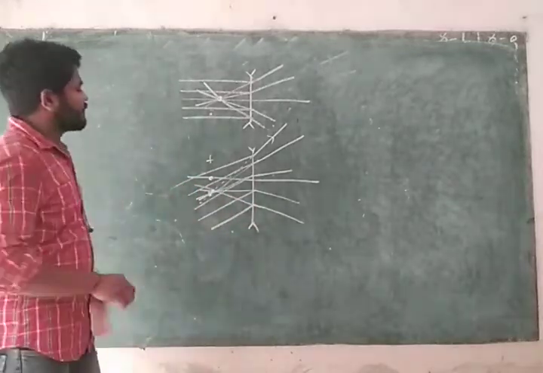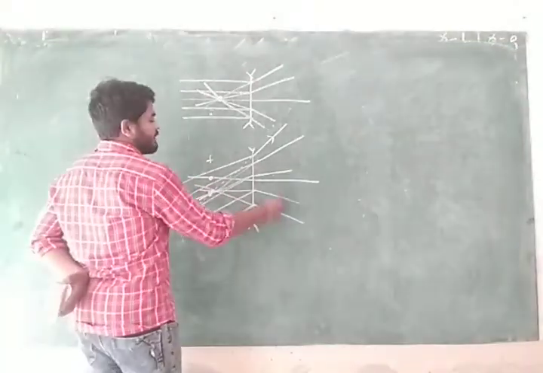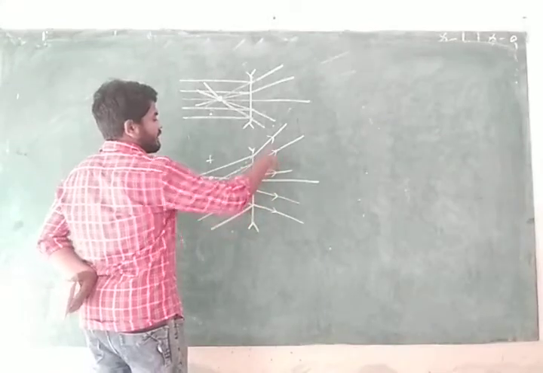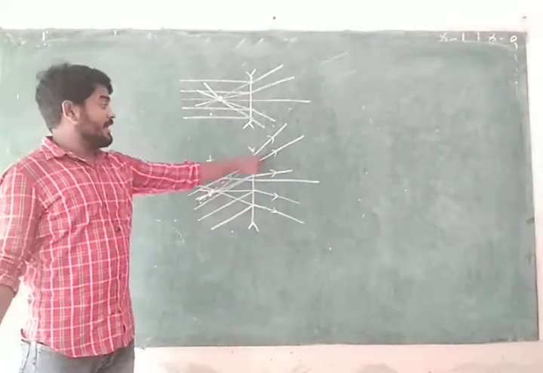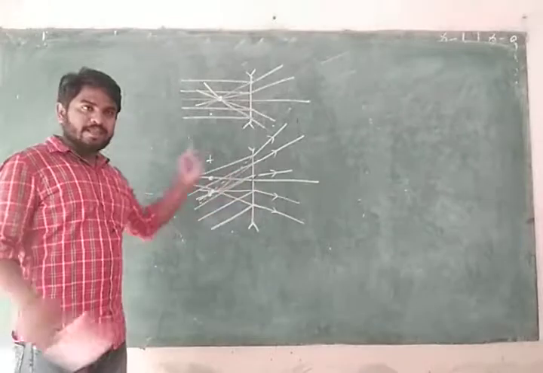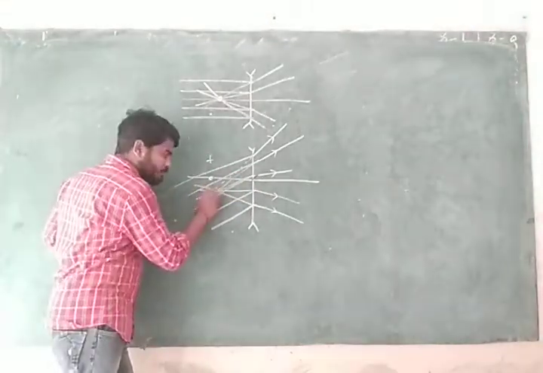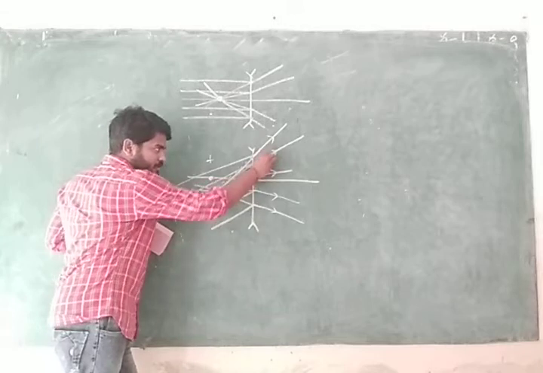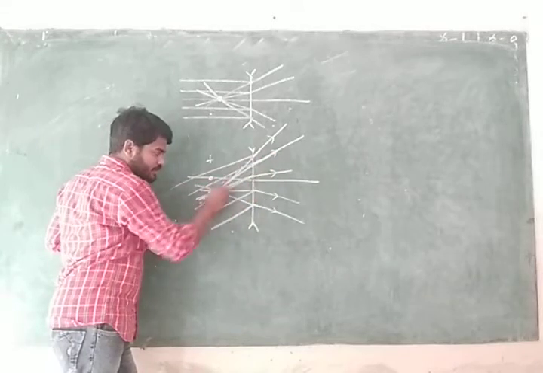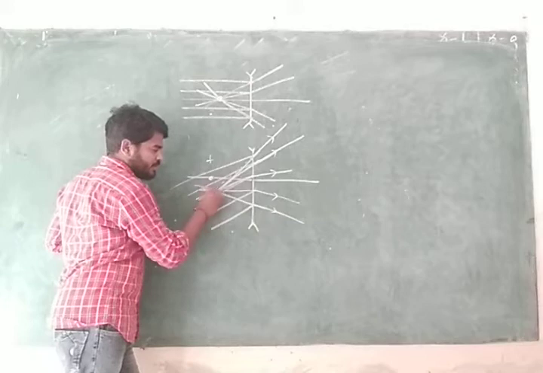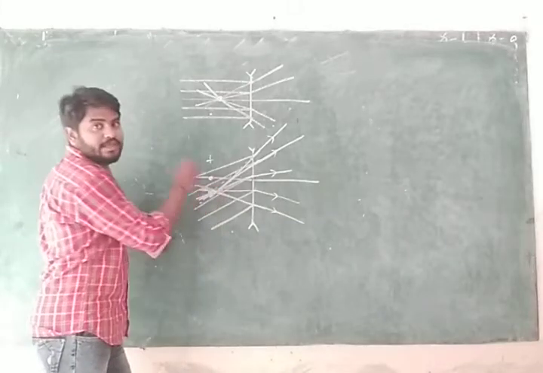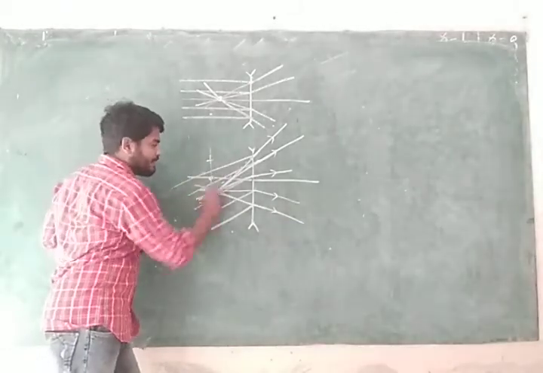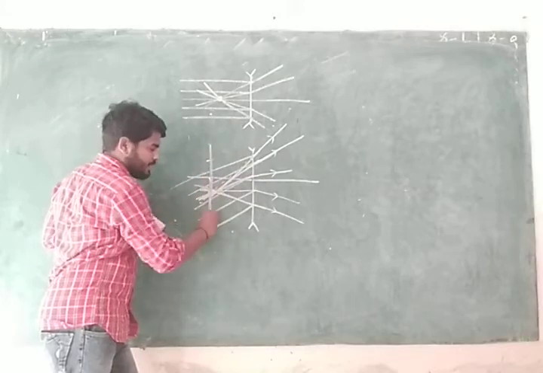See, every light ray is diverging. If I extend those divergent light rays back, they are meeting at this point, right? This is coming here, this is coming here, this also, and this also. So they are meeting at a point which lies in the focal plane.